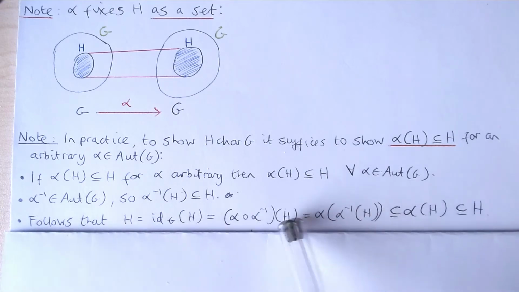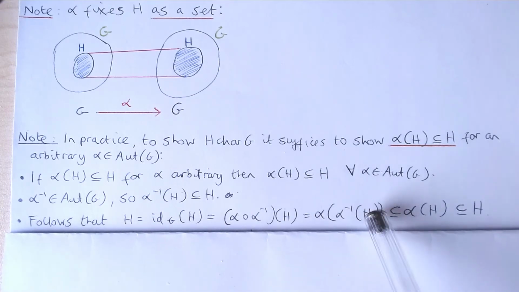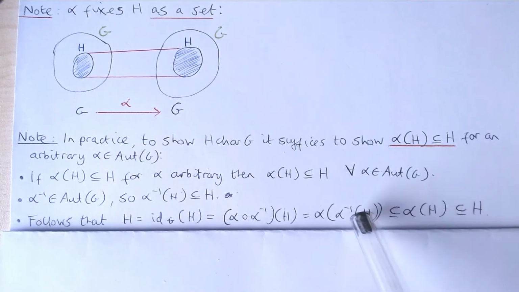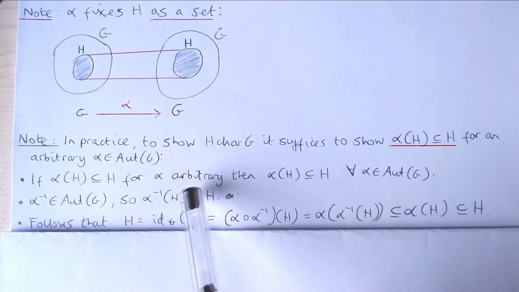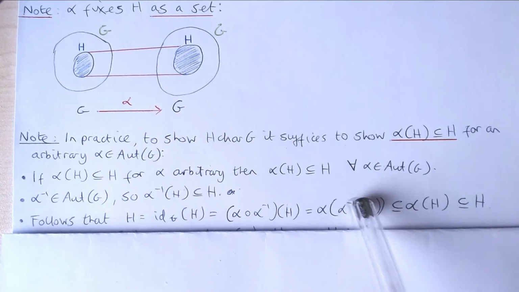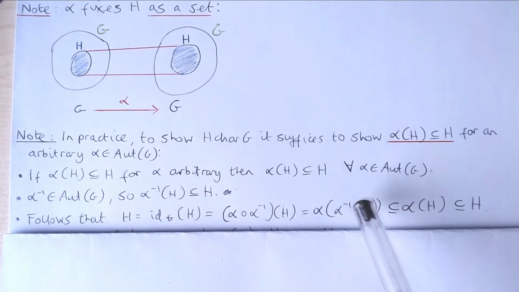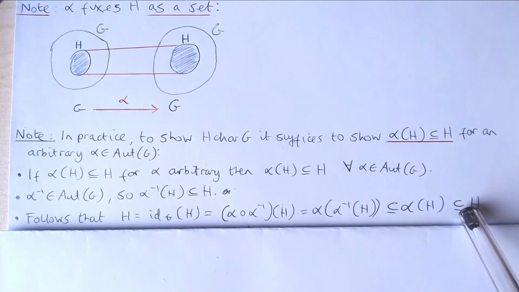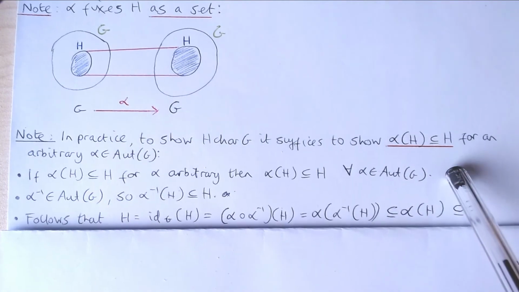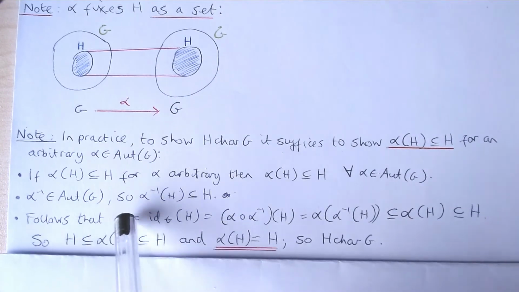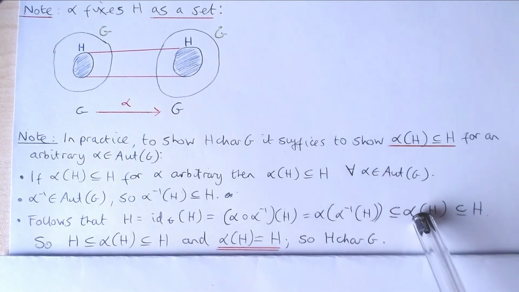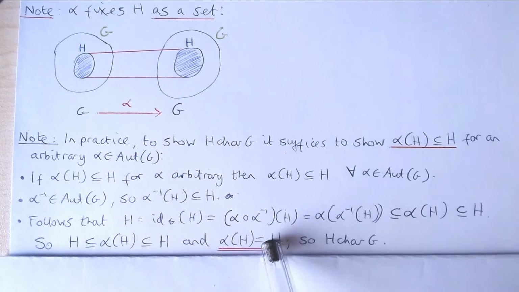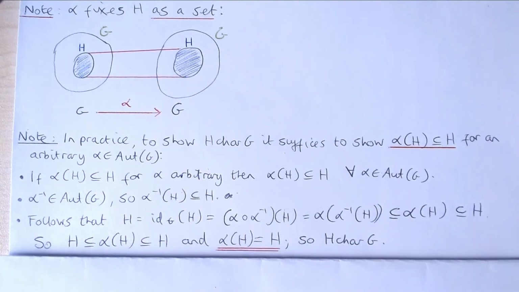And then we get that that equals alpha of alpha inverse of H. This is contained in alpha of H because we note here that alpha inverse of H is contained in H. So we know that this part here is contained in H, so this whole thing here is contained in alpha of H. And then alpha of H is contained in H by this point. So what we've actually shown is that H is contained in alpha H and alpha H is contained in H. Therefore, alpha H equals H, so H is characteristic in G.